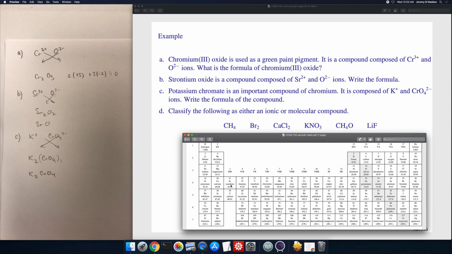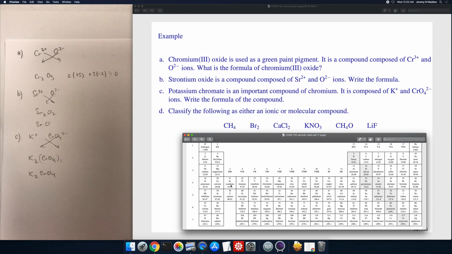So here you're facing all of these different chemical formulas. You need to be able to identify these compounds as being ionic or molecular. The trick is to know the difference between a metal and a nonmetal, and what types of elements combine to give you molecular compounds versus ionic compounds.